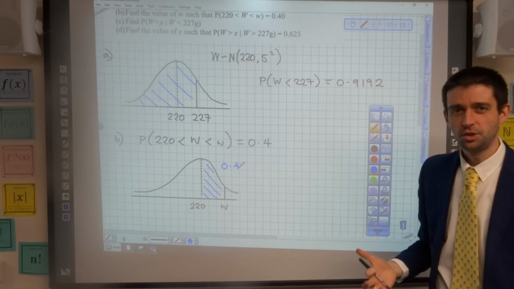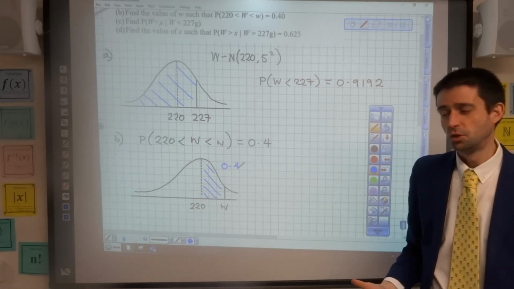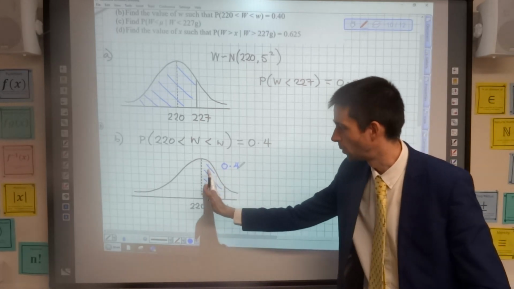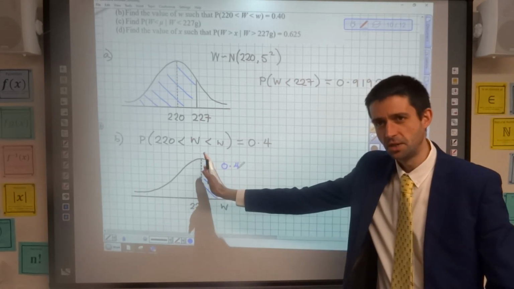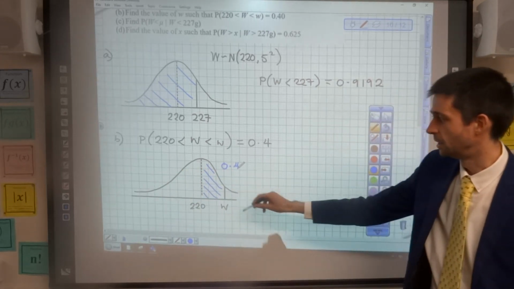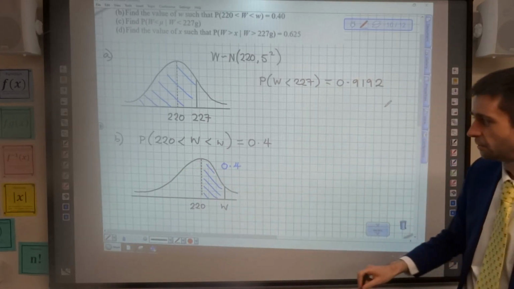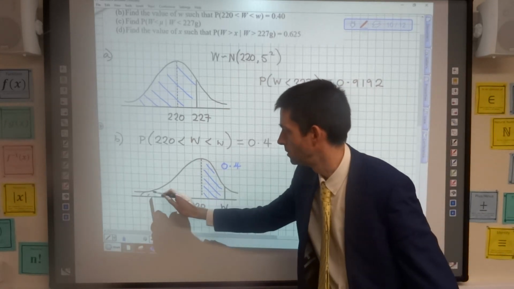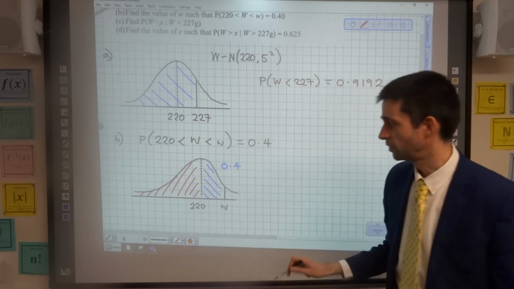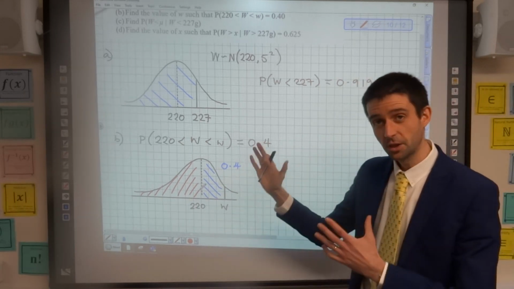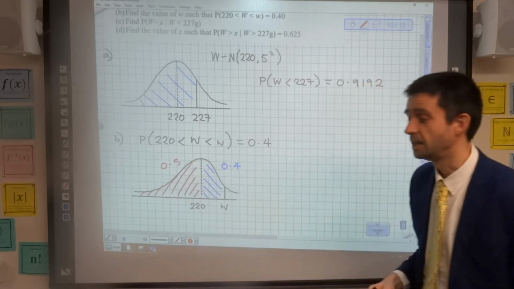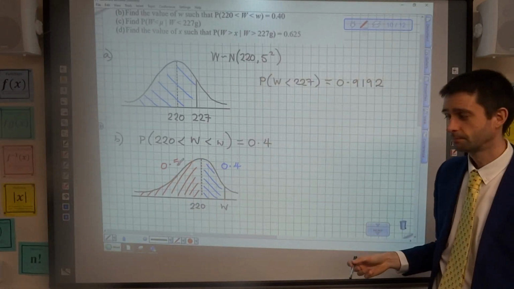Now, I'm going to have to use the inverse normal function here to work out what the value of W is, but I can't give it the area 0.4 because that stops at 220. I need to give it the area of everything to the left of the line where the value is that I'm trying to find. Now that's going to include this area here, which is everything below the mean. Because the mean is the centre point, everything to the left of the mean must be 0.5.